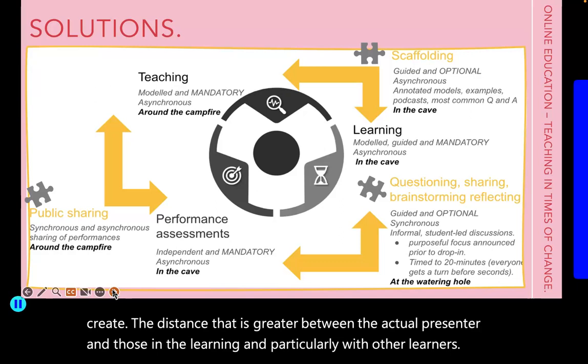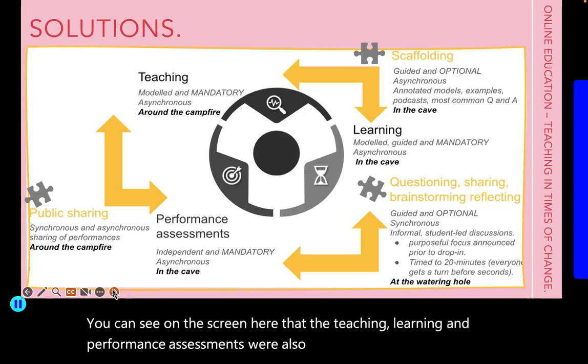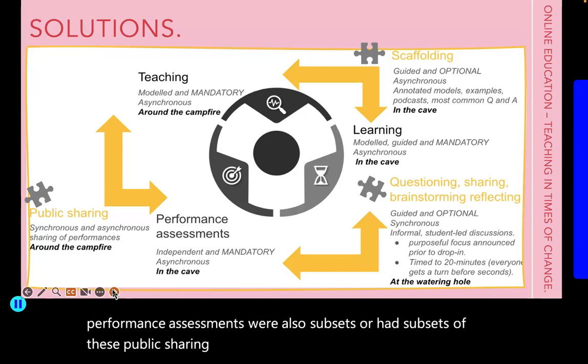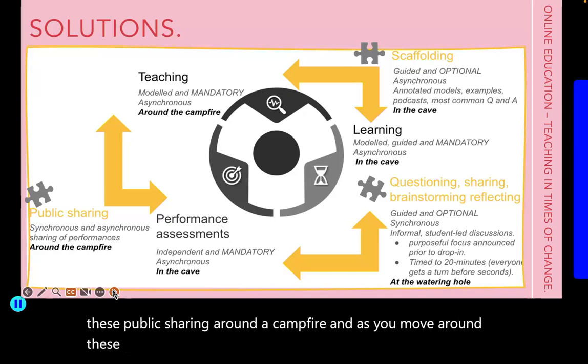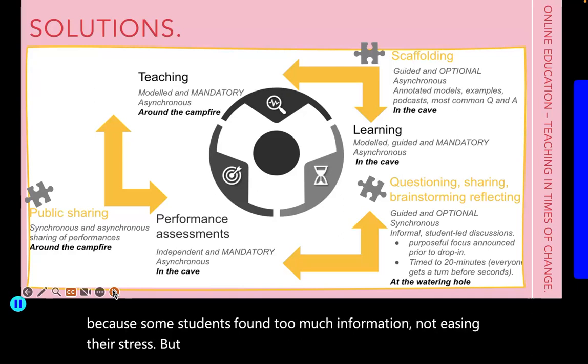You can see on the screen here that the teaching, learning, and performance assessments also had subsets of this public sharing around a campfire. As you move around, these scaffolds were optional and on different pages, because some students found too much information was not easing their stress but actually increasing the confusion.